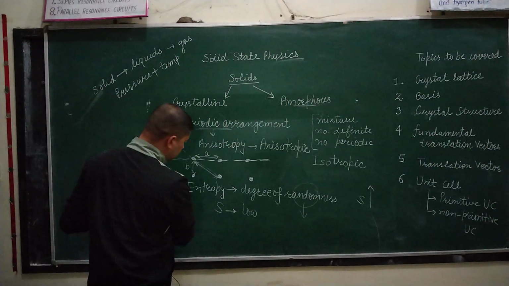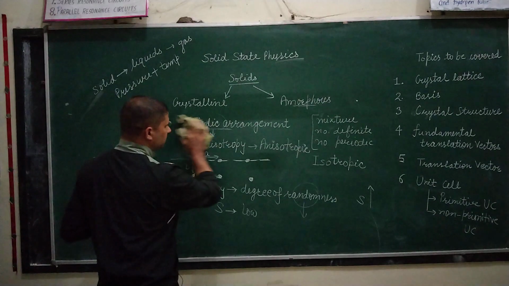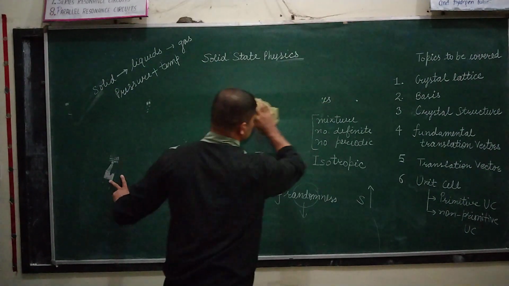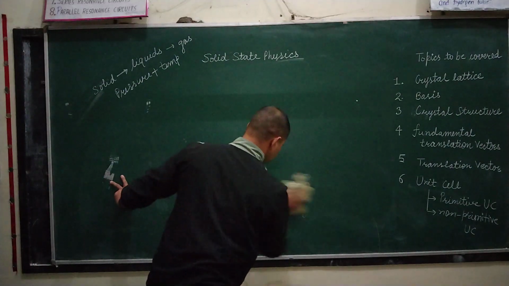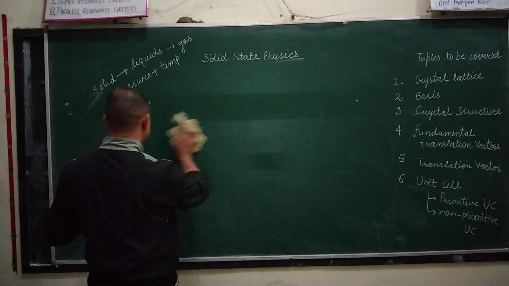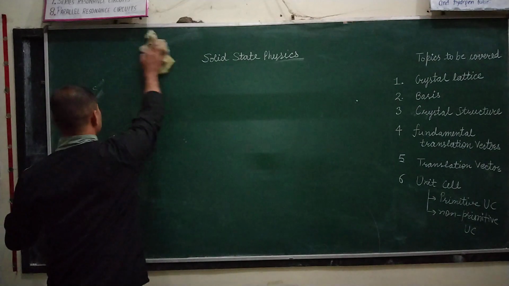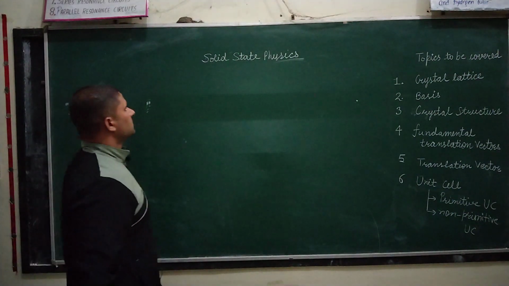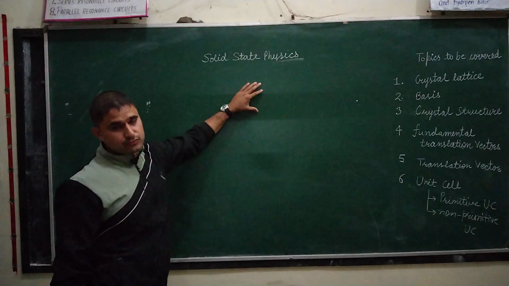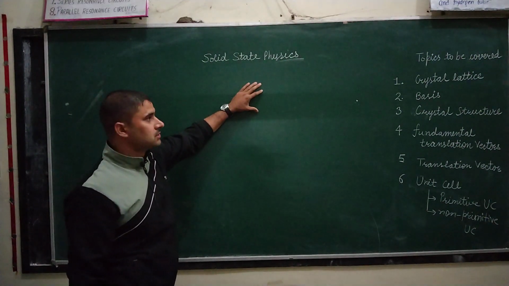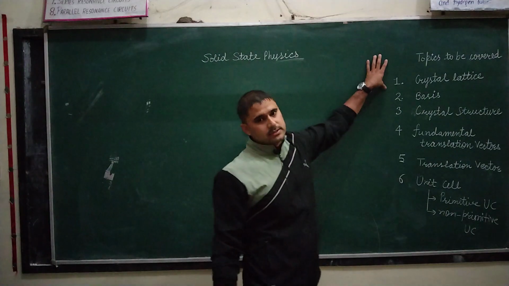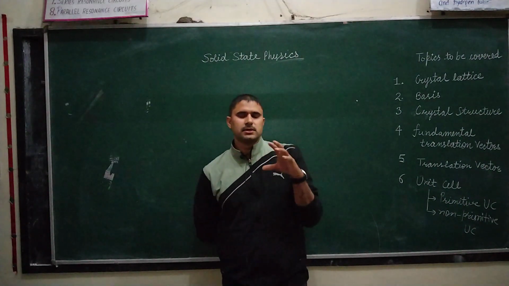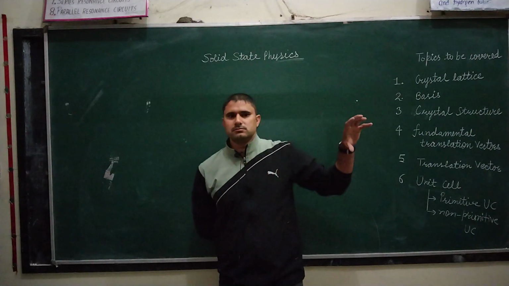Same kind of particles settle down in a definite region, that leads to crystalline solids. So class, here we have discussed the very basic and very important property of the solids. So due to periodic arrangement, anisotropy and less entropy, crystalline solids are of much importance. Now we are to see how we can study the crystalline solids in a logical way.